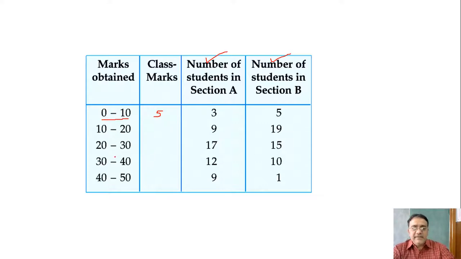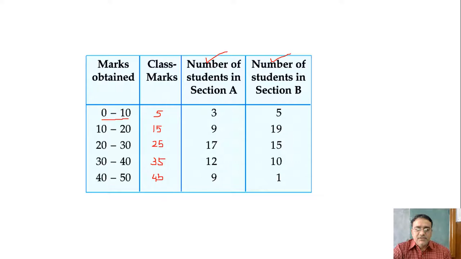All the class sizes are the same, right? Yes, sir, 10. So without calculating the other class marks by using that formula, we can add 10 continuously. So the next number is 15, 25, next number 35, and the last number is 45.